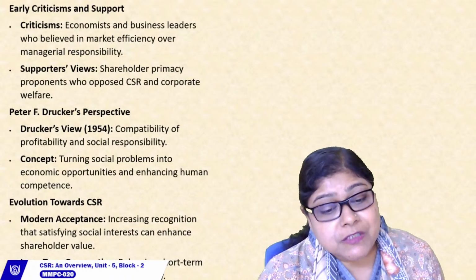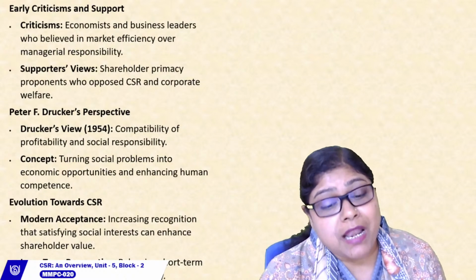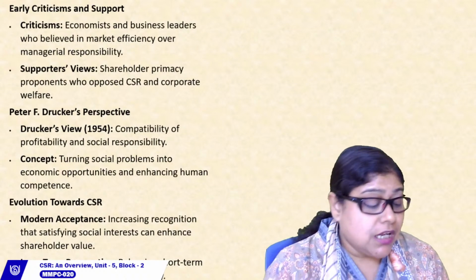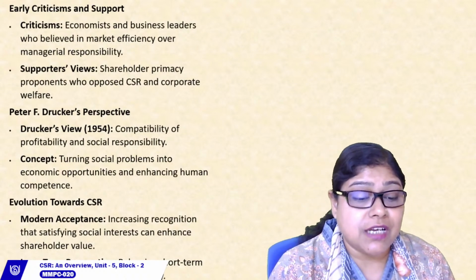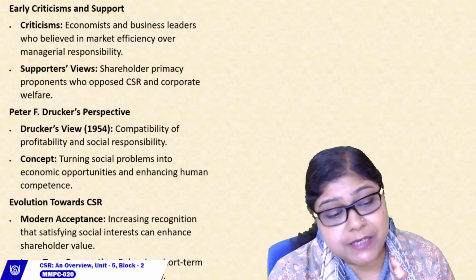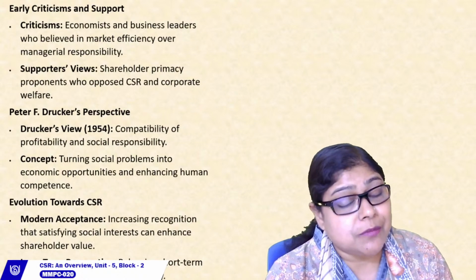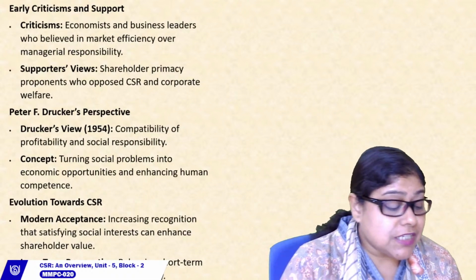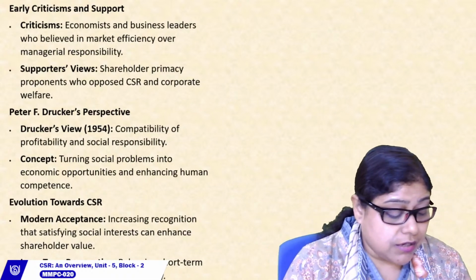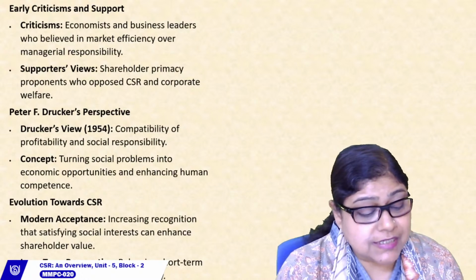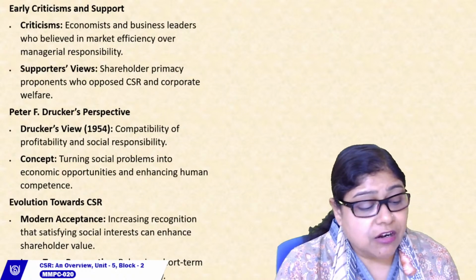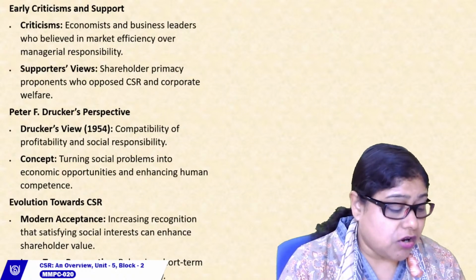Now, the long-term perspective is that we have to balance short-term profit with long-term sustainability. If this balance between profit and sustainability won't be there, your business cannot be undertaken in the long run.